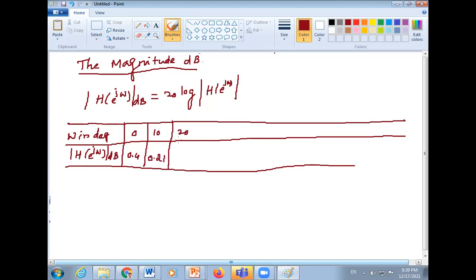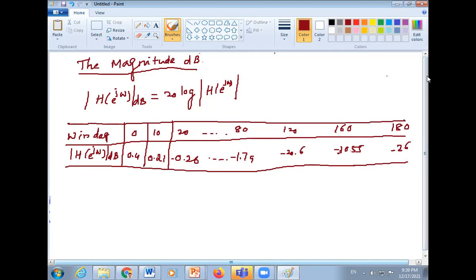Up to 20 it is minus 0.26, at 80 it is minus 1.79, at 120 it is minus 20.6, at 160 it is minus 30.55, and at the end, at 180, it is minus 26.